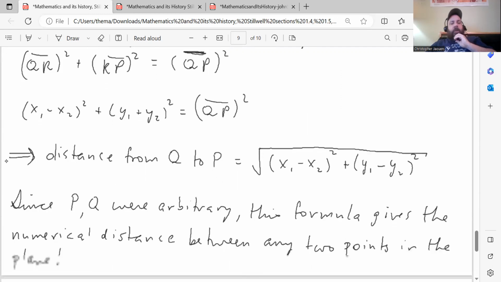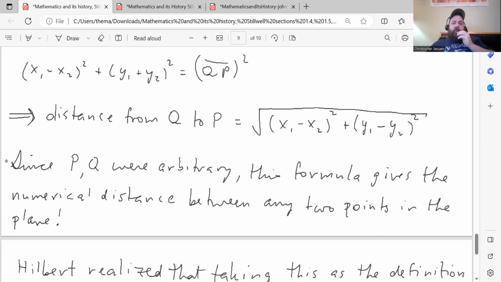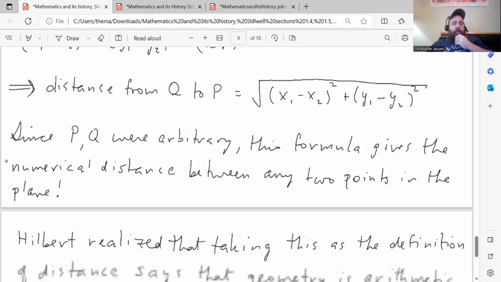Therefore, the distance from Q to P is equal to the square root of (x1 minus x2) squared plus (y1 minus y2) squared. So the Pythagorean theorem is what gives the correspondence between Euclidean geometry and arithmetic. Since P and Q were arbitrary, this formula gives the numerical distance between any 2 points in the plane.